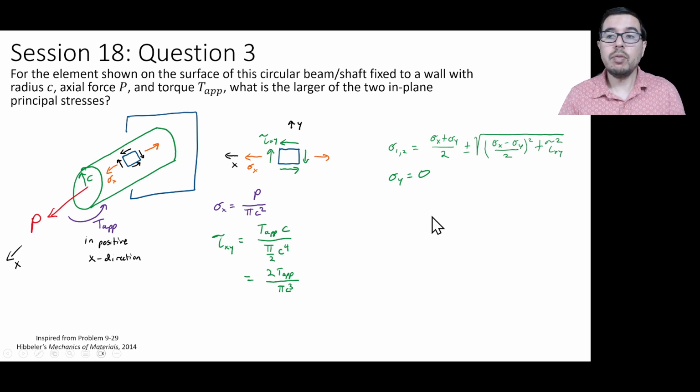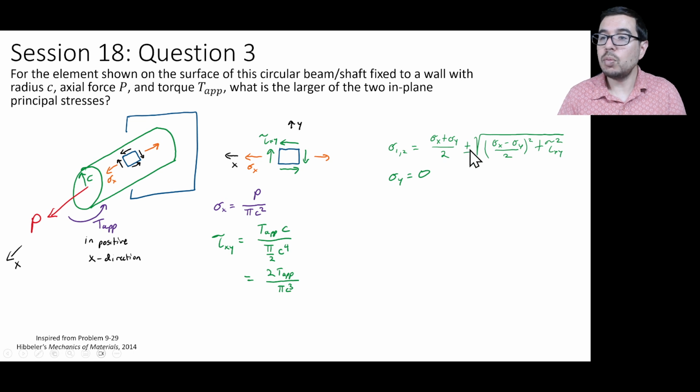So if we're interested in the maximum in-plane principal stress, we can say that sigma x is going to be positive the way we've drawn it. And this quantity has to be positive because we're taking the square root of something.